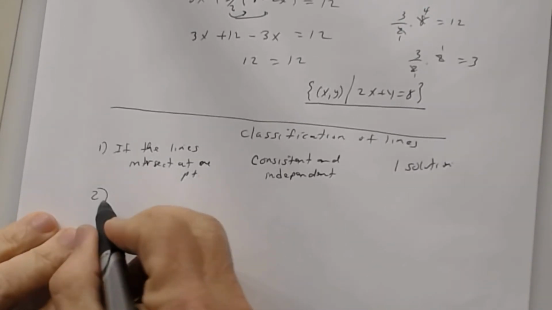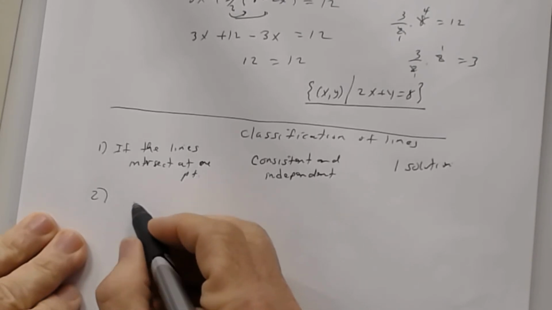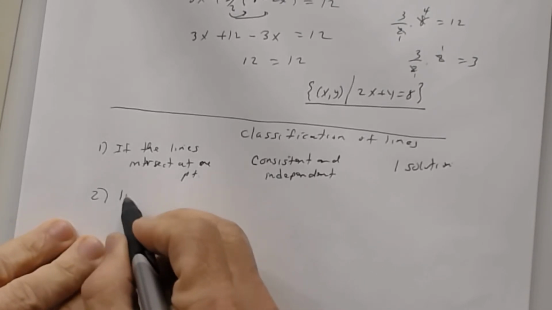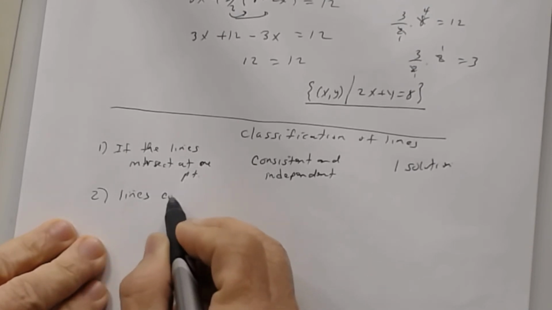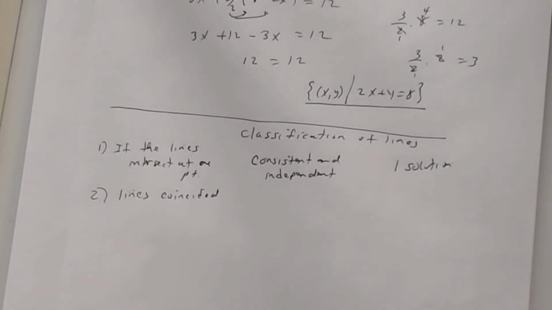The other kind is if the lines coincided. So the lines coincided, right? We talked about that. So the lines coincide. How many solutions are there? An infinite number, but there's at least one, correct? Now, when you graphed them, we saw that those two lines were the same line because they did what with each other? They overlapped. It was the same line.